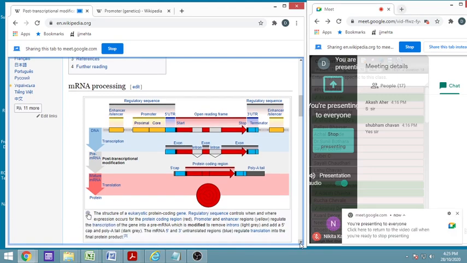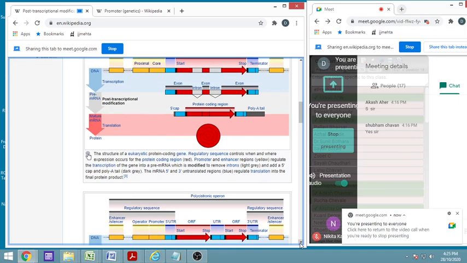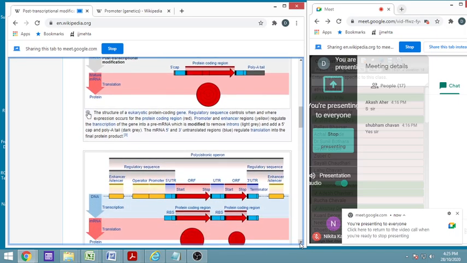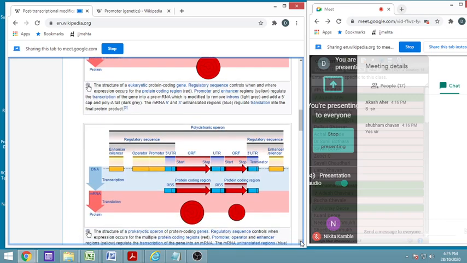Now it is very important how this happens. There are multiple varieties, the thing is the same, but one more example of it is called a polycistronic operon. Operon means the area where a similar transcription factor is working on that particular place.